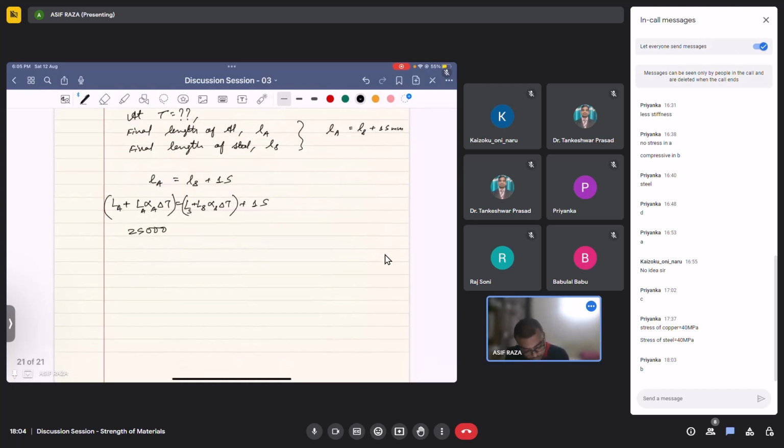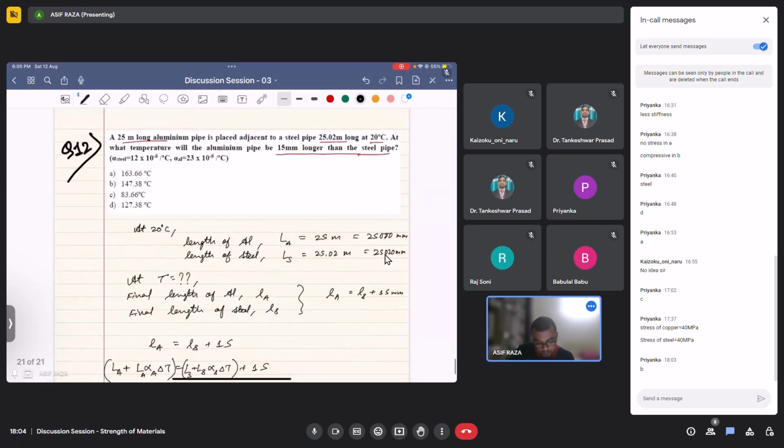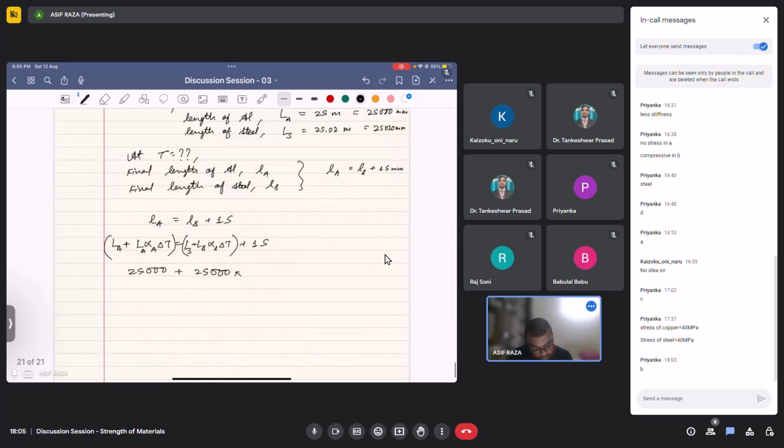So 25,000 plus 25,000 times alpha A, which is 23 into 10 power minus 6.